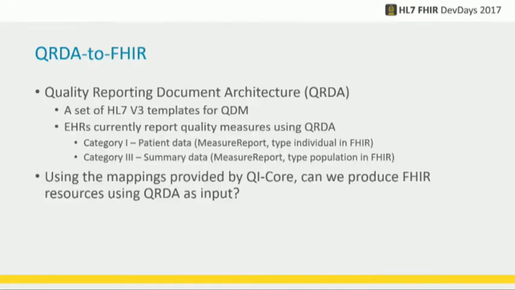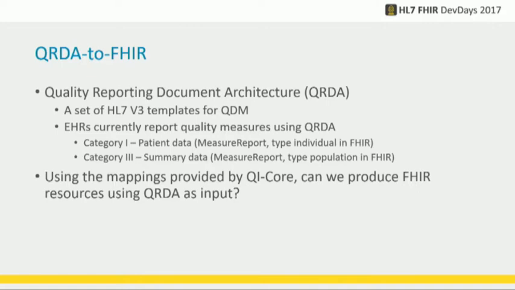One approach to using these mappings is to ask, can we do a QRDA-on-FHIR? Can we take a QRDA document that an existing EHR can produce, and use those mappings to create a set of equivalent FHIR resources? Category 1 would be patient data, and category 3 would be the summary data. Category 3 would be pretty straightforward because that would just result in a measure report with some counts.